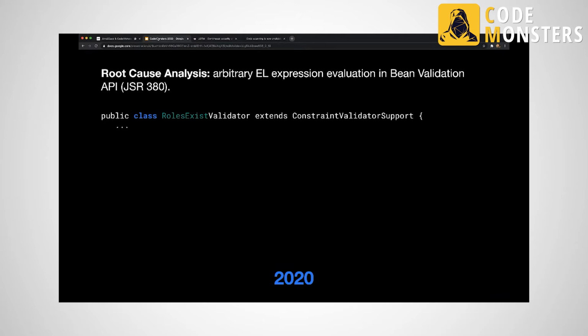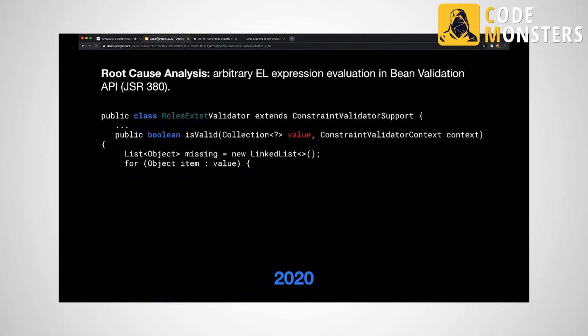Okay, so basically, this is an interface which defines an isValid method that you need to override and where you are going to perform the validation of the Java Bean property that is being validated. In this case, what was being validated was a collection. And what they are basically doing is iterating the collection. And if they find that any of the roles that the administrator was assigning to a user was missing, was not valid, they were pushing them into a list called missing.